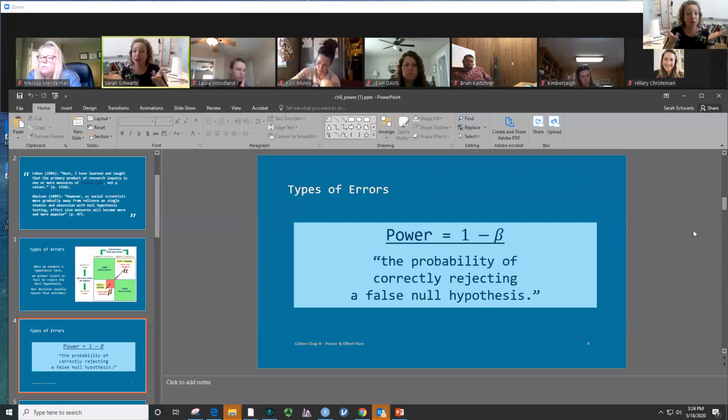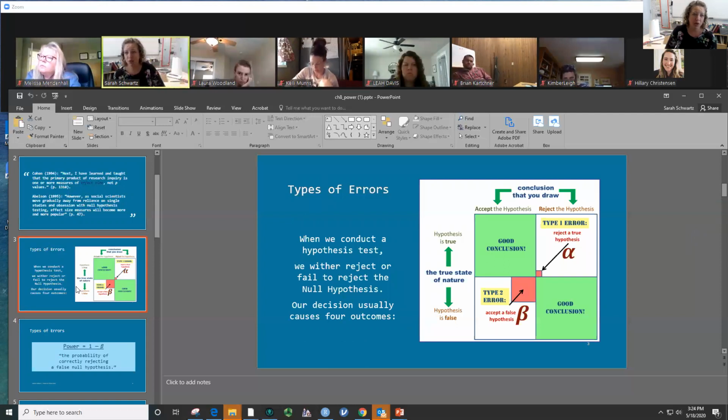So if the drug really works, we want to be sure to show that it works. So power is the chance that we would correctly say, this drug does great, when it really does great. It's the opposite kind of the type 1 error, which is the false positive. This is like correctly saying it's a positive.